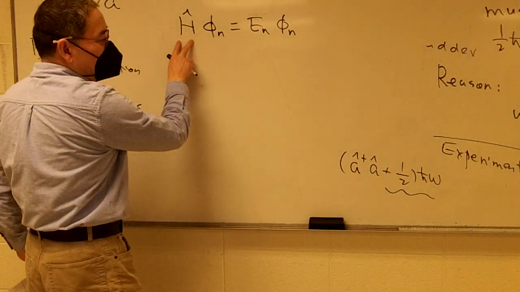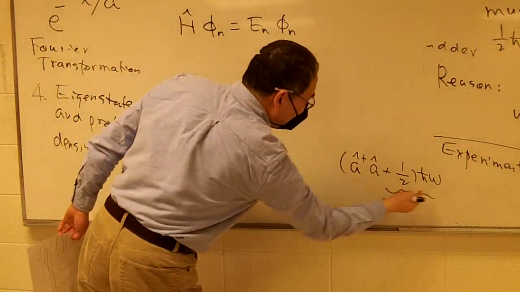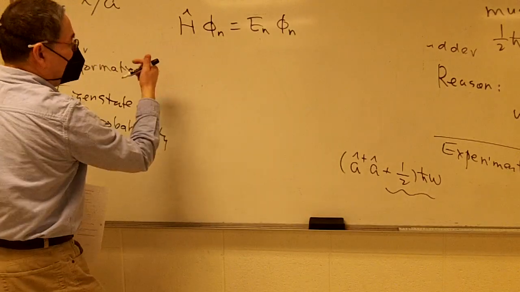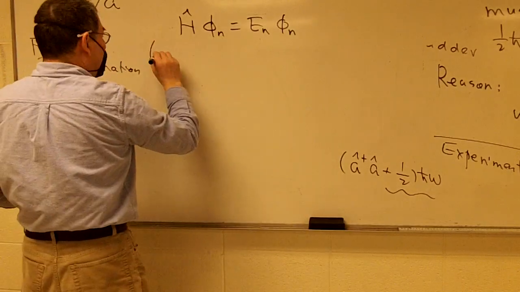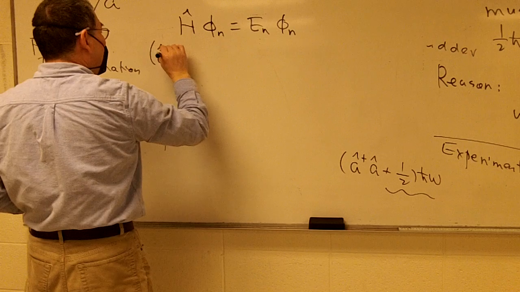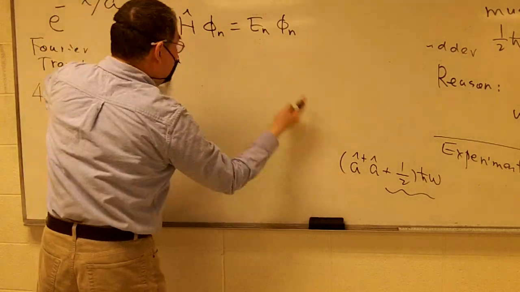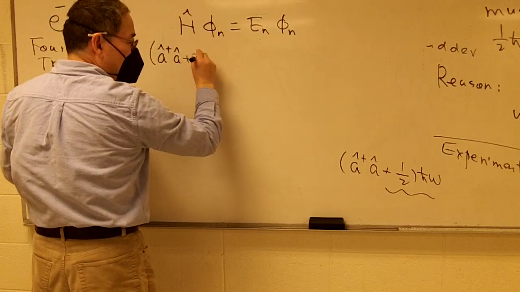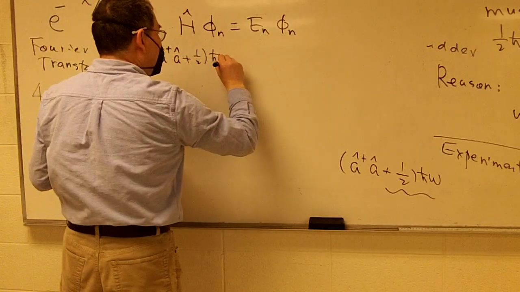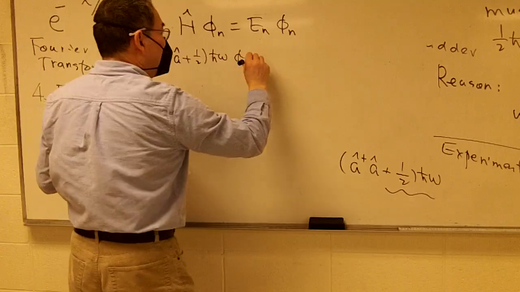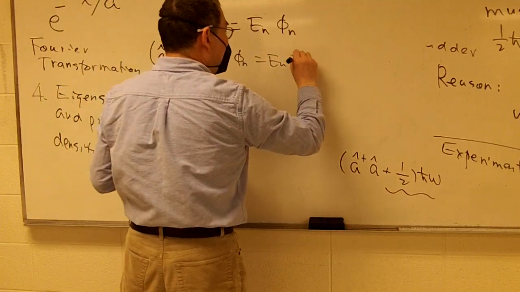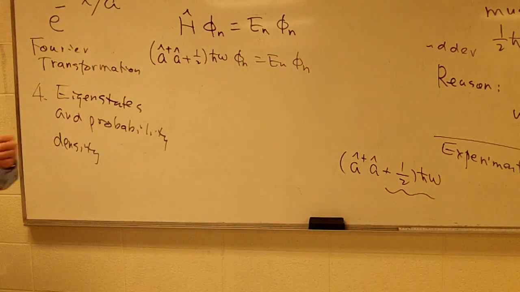Because this Hamiltonian, you remember, we have an operator like this, so we're going to plug this operator directly over here. And A dagger A, I'm copying this part over here. I didn't do anything else. H bar omega, A dagger A plus 1/2, phi n. So this is what I have before.